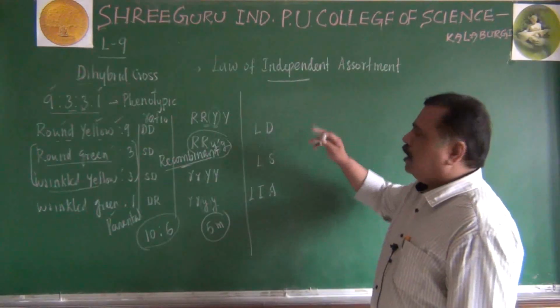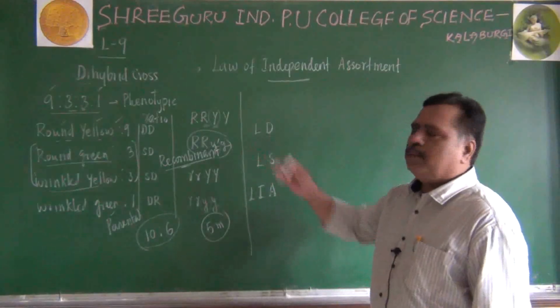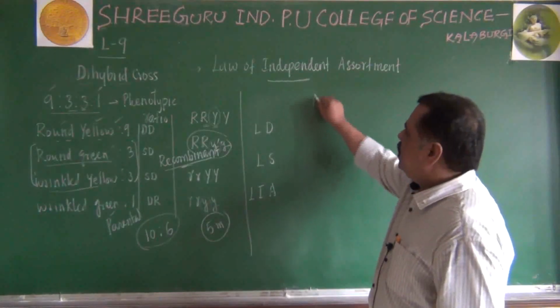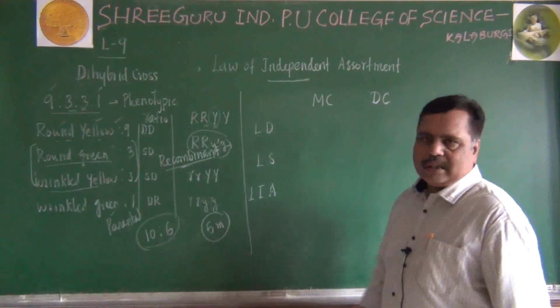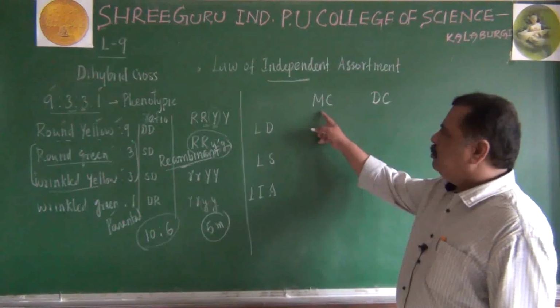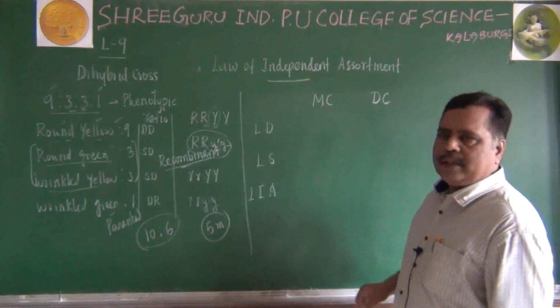We have studied two types of experiments performed by Mendel. One is called monohybrid cross, another is called dihybrid cross. Monohybrid cross means one gene inheritance.